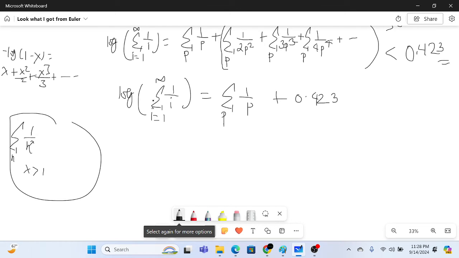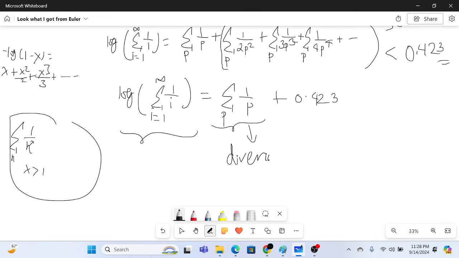So an infinite value minus 0.423 is this sum. That means this should also diverge, right? Since this is a diverging sum and goes to infinity, this also goes to infinity, and hence we conclude that this diverges. And so that's why the sum over primes diverges.